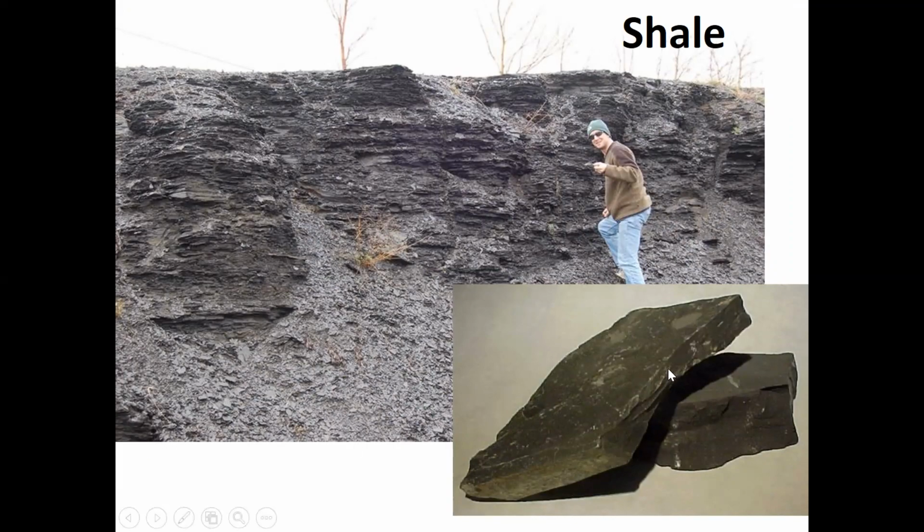This is also a clastic sedimentary rock. So far, conglomerates, sandstones, and shales are all clastic, but shale is very fine because it's made up of lithified mud. So if we find shale, there's likely a muddy seafloor, or maybe a muddy swamp along the coast, or a lake bed, anywhere where mud is deposited.